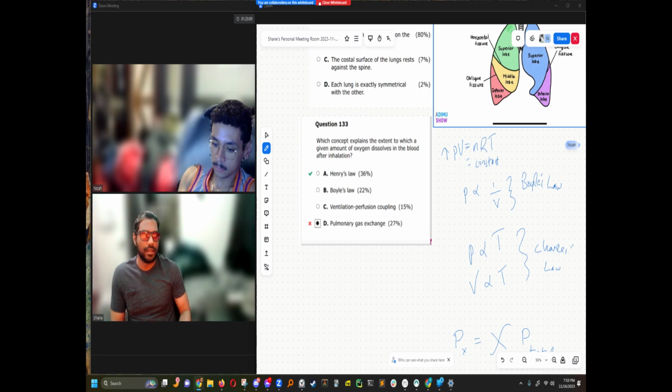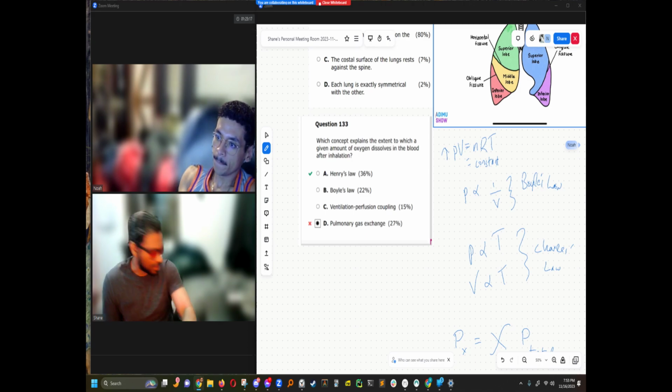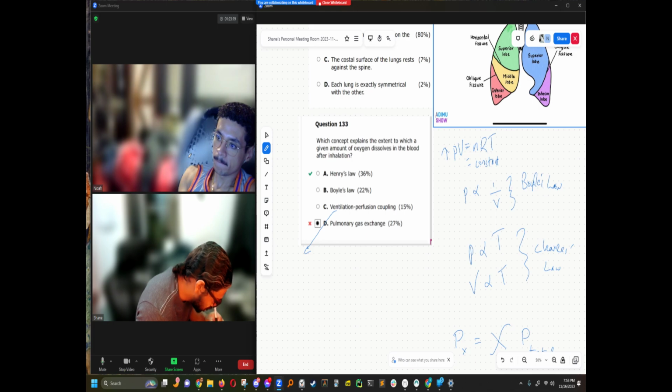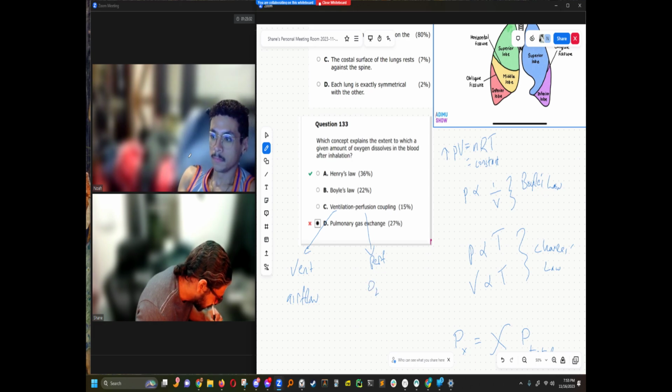So let's see, I can write. The ventilation part is essentially the airflow, and the perfusion part is how much O2 in the air gets dissolved into the bloodstream.